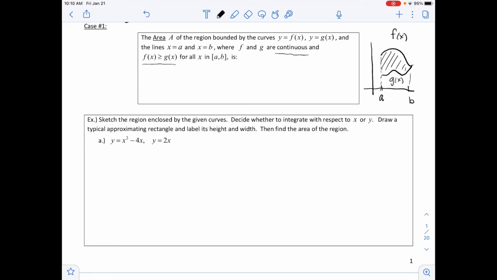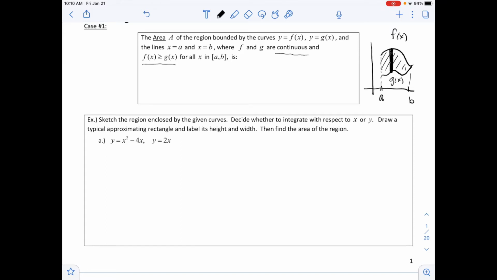So to find the total area between f of x and g of x, we're going to be looking at the limit as n approaches infinity of the sum of all these rectangles that we would have. For example, we would have that first rectangle right in here. But again, as we discussed above, this approximation is going to be more accurate if we have an infinite amount of rectangles.